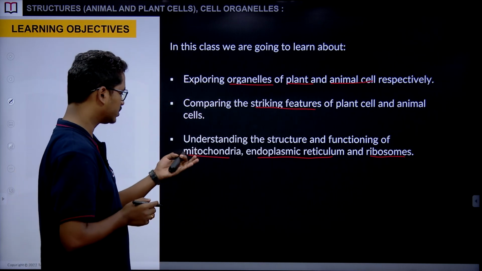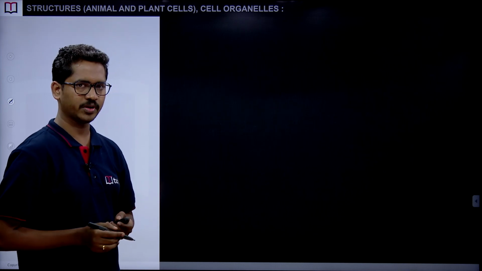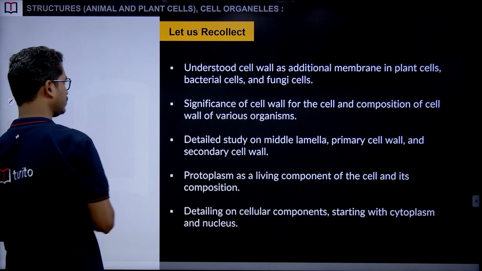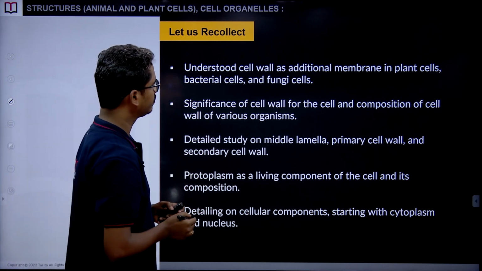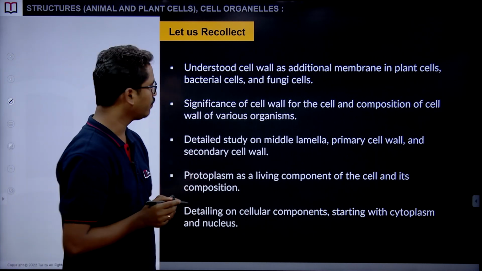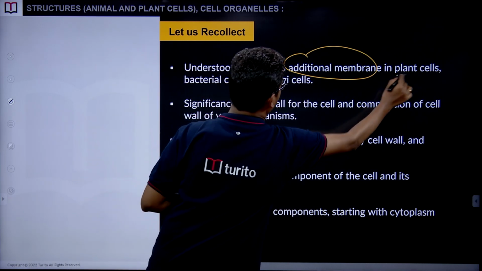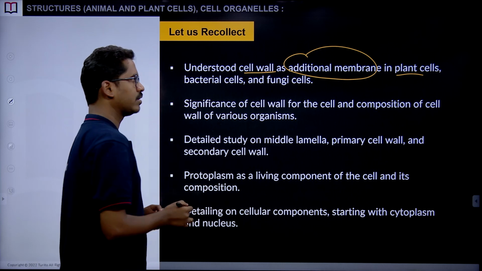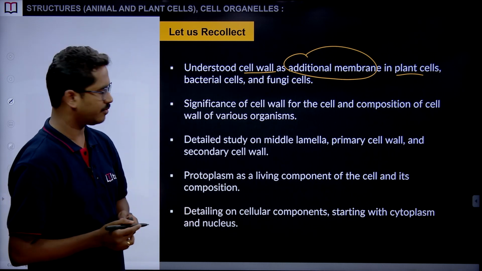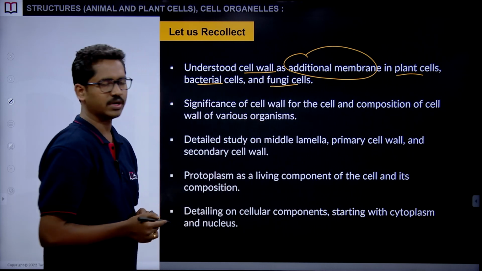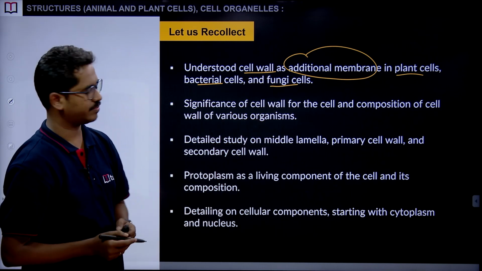Before going to these details, we will be looking at the topics we have already covered so far. In the previous session, we had a detailed understanding of the cell wall, which was an additional membrane in the case of plant cells. In the same way, we find the cell wall in bacterial cells and fungal cells.